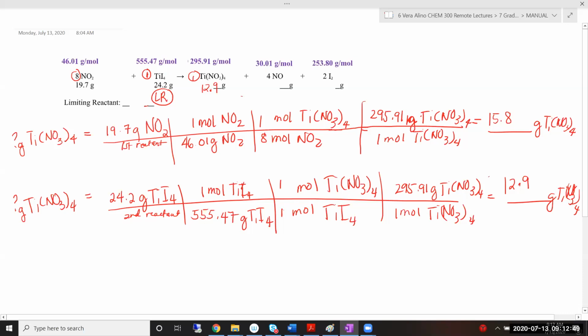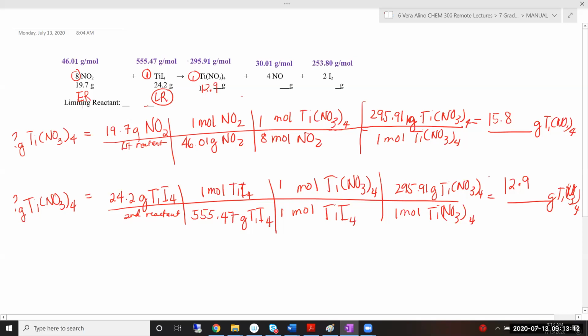Once this is gone, then the reaction can no longer proceed to the right. So that means this first reactant, NO2, is your excess reactant. You're going to have more than enough to produce products, but without this second reactant, you can't do so.